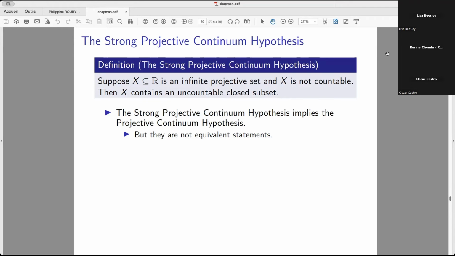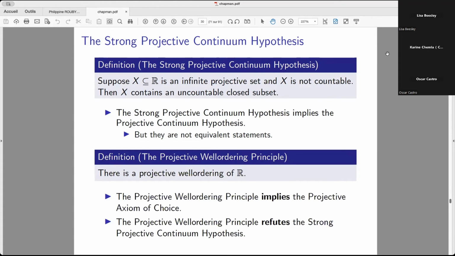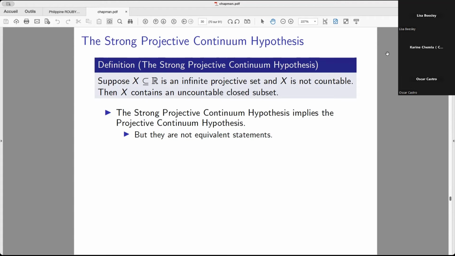So the strong projective continuum hypothesis kind of tells you why the projective continuum hypothesis is true. It's a classical theorem that if you have an uncountable closed set, it has to be equinumerous with the reals by a projective function. I should have said that.